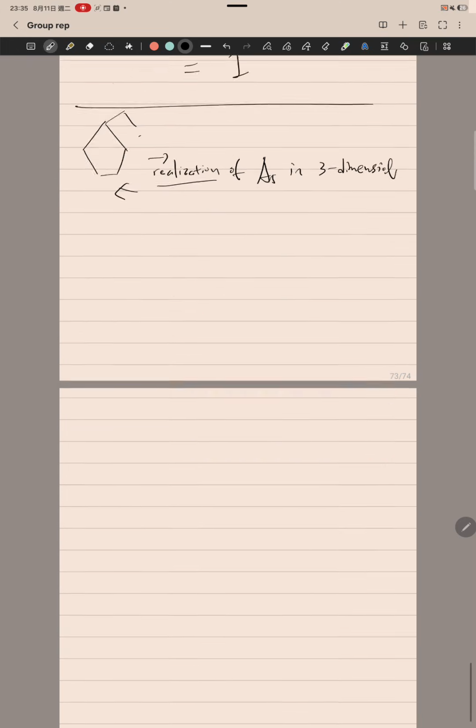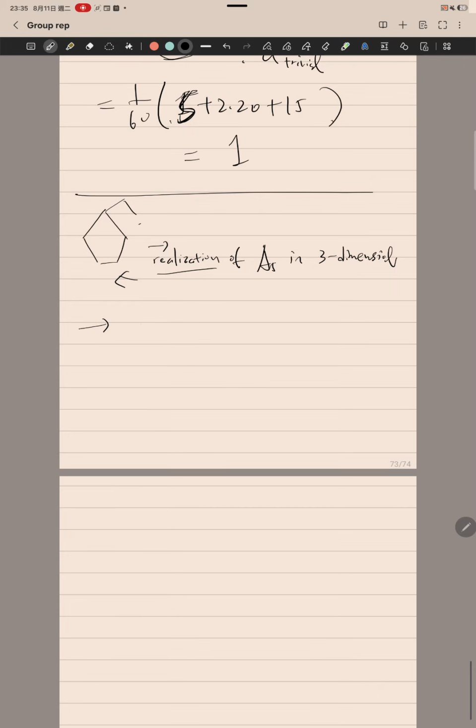Okay, so we use the following tool. We know that if you have a rotation axis of order R, meaning that the angle is 2 pi divided by R, then in terms of SO3 matrices, there is a basis in which the rotation looks like this.